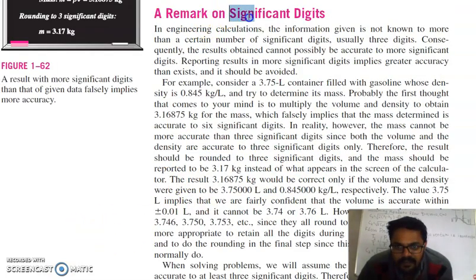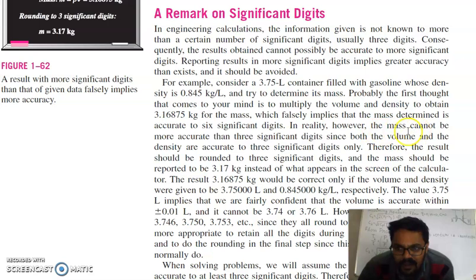Next is significant digits. We will study with the help of an example. Consider a 3.75 liter container filled with gasoline whose density is 0.845 kilogram per liter. This is up to 3 significant figures, and this is also 3 significant figures. When you multiply these, we get 3.16875, which has 6 significant figures, but it is not so, because this wrongly implies that the mass determined is accurate to 6 significant digits.